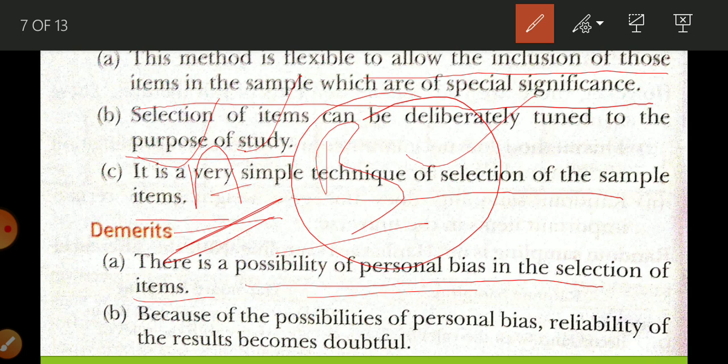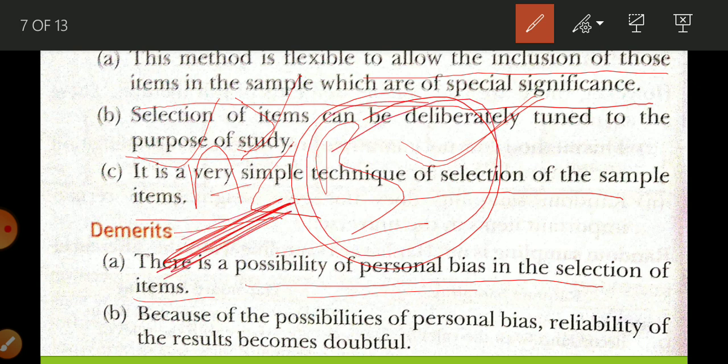The next demerit of this method is that, because of the possibility of personal bias, the reliability of the result becomes doubtful. Obviously, maybe A is less good compared to B. B is better in mathematics, or a better batsman, and then the selection is fine. But suppose A is better, but the teacher has more affection toward B, and if he or she selects B, then obviously the cricket team is going to suffer.